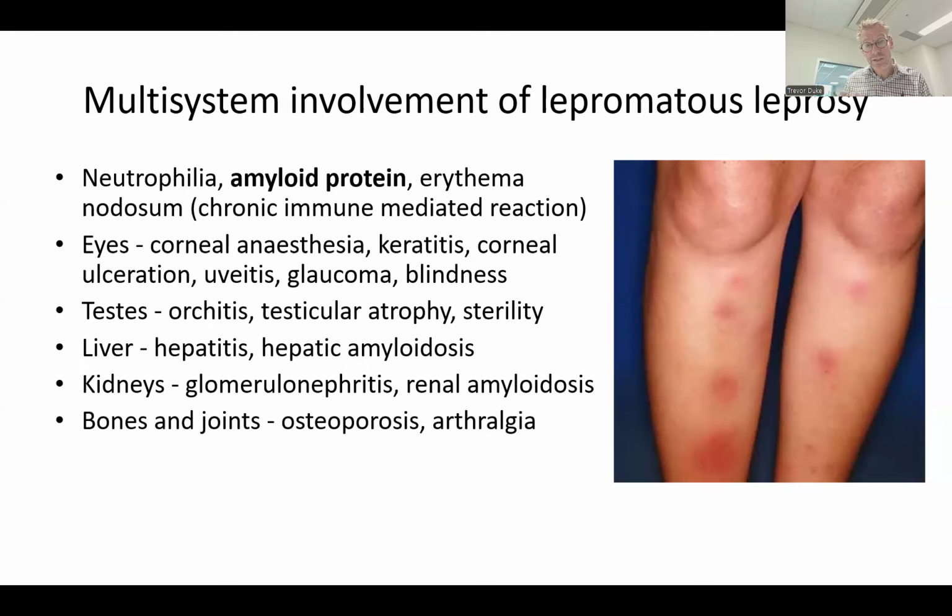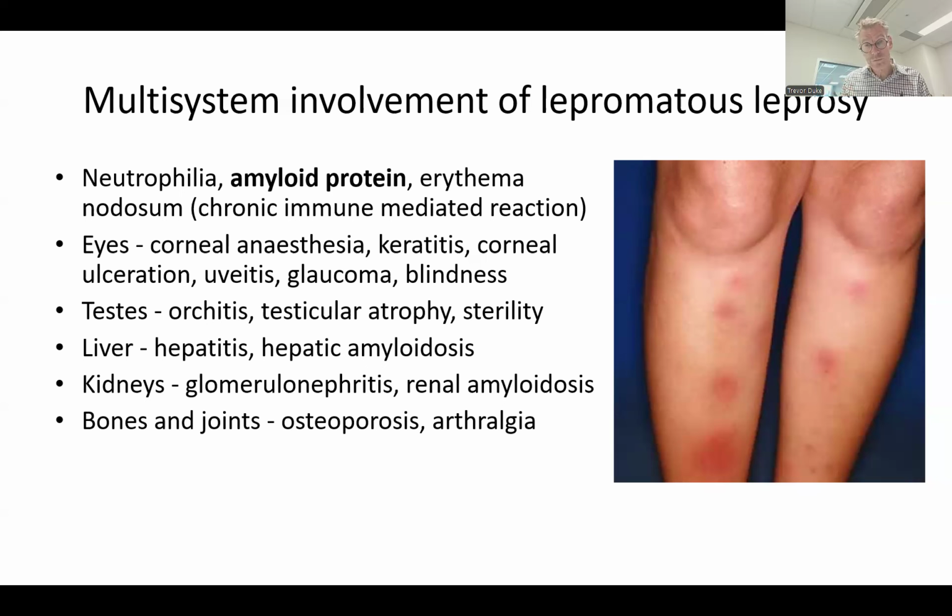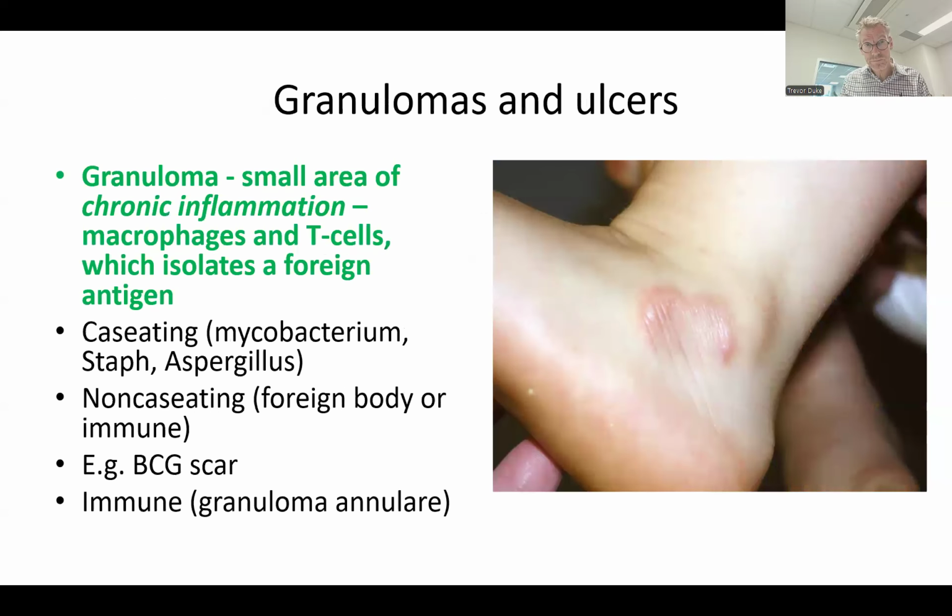Amyloid protein gets deposited in these organs and can cause amyloidosis of those organs. So there's direct effects of direct rashes that are caused by Mycobacterium leprae, and then there are immune-related reactions to it. I wanted to touch on granulomas now.